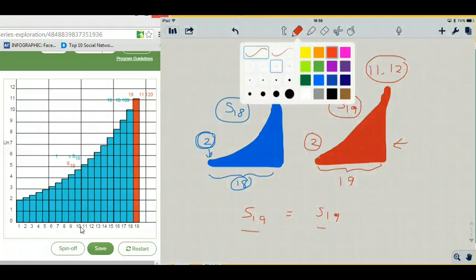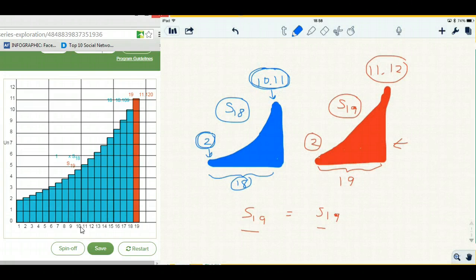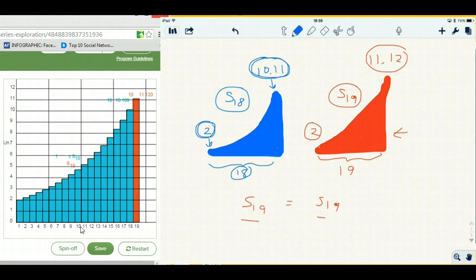Well, the first thing I would say is, well, it's equal to the blue curve, which is, let's see, S18, right? That's the name we gave to the blue curve, plus the last row, the last column, the last bar of the red curve, which we know is 11.12. Okay? So we'll put 11.12 there.